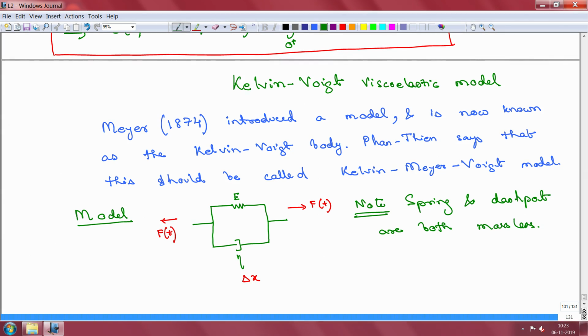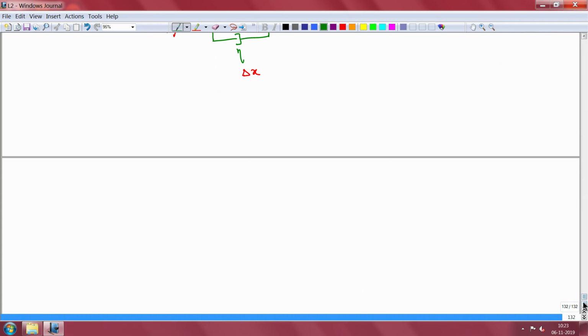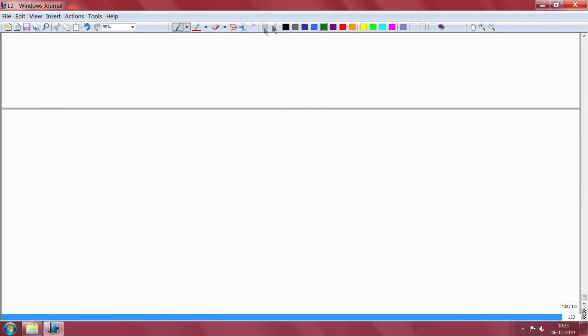So, individually, I think I need a new space. Let us break up this space into two parts. You have the spring, and let us say the force the spring is experiencing is Fs, and the deformation it undergoes is delta xs.